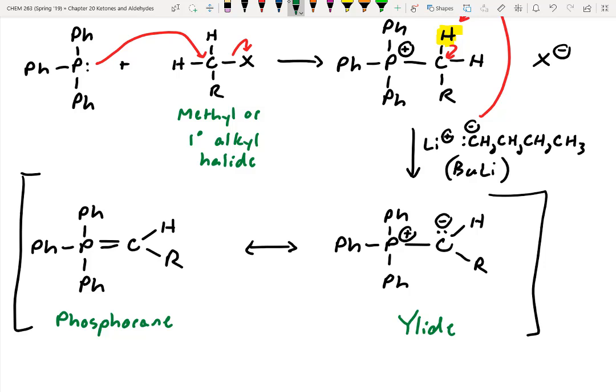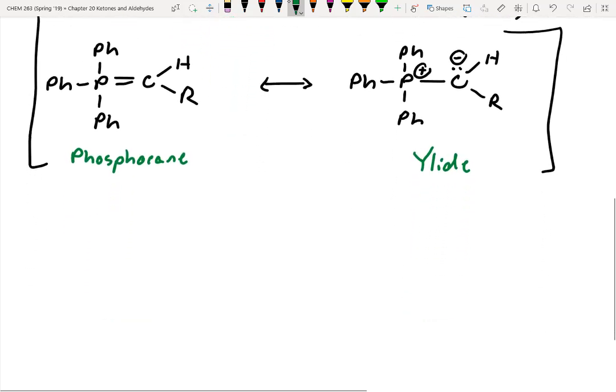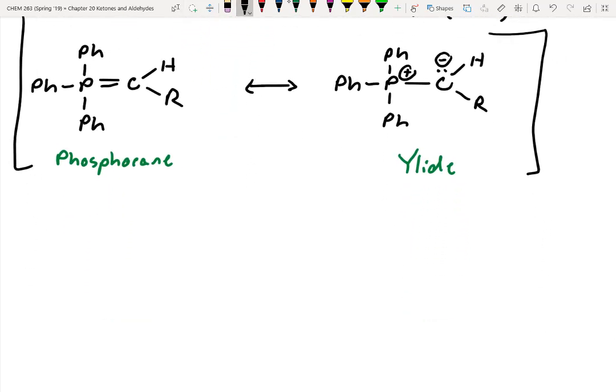All right, so let's take a look at the overall mechanism for what the ylide does in the presence of an aldehyde or a ketone. And then we'll call it good.